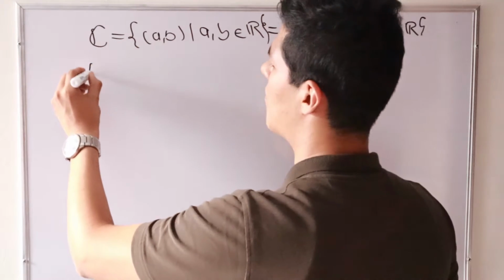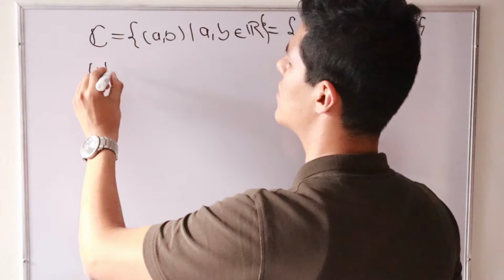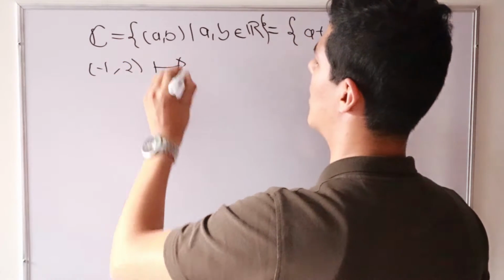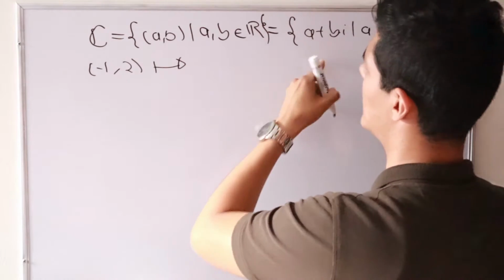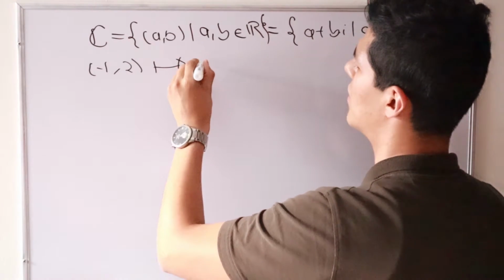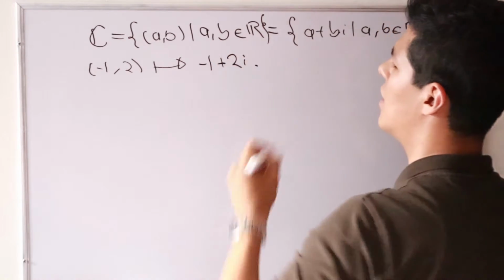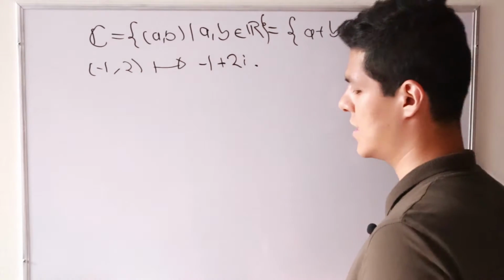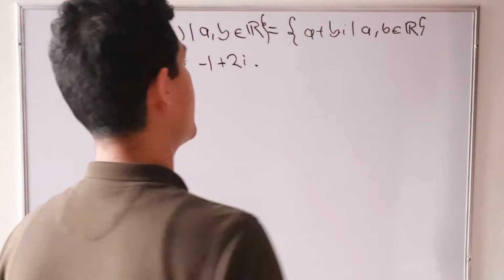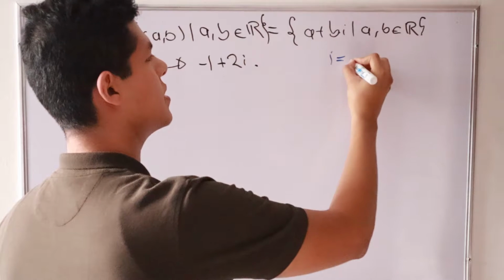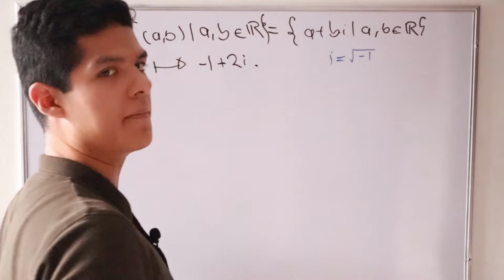If you have a pair of numbers, for example -1 and 2, you can write a number that is a complex number, for example -1 plus 2i. And i is very important, guys, because i is a number such that i equals the square root of -1.